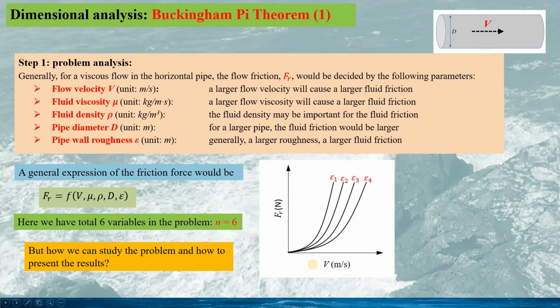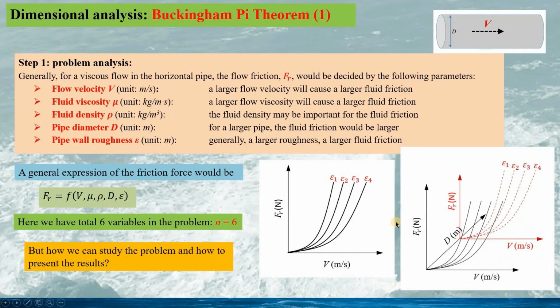For instance, if we look at the friction change at different velocity, we can see a curve like this. These 4 different curves are for 4 different pipe wall roughness, epsilon 1 to epsilon 4. And if we consider the influence of the pipe diameter d, we should have a 3-dimensional plot.